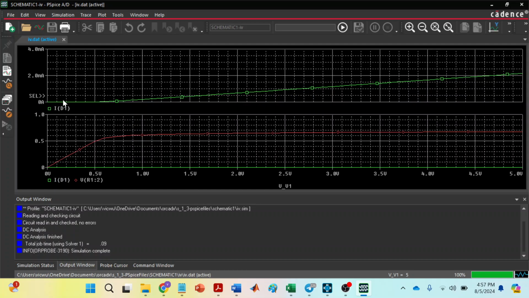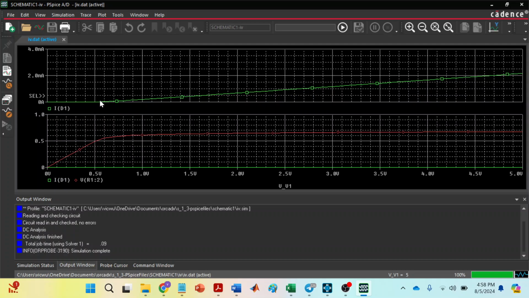Here we can see that the maximum current across the diode is about 2.2 milliamp.